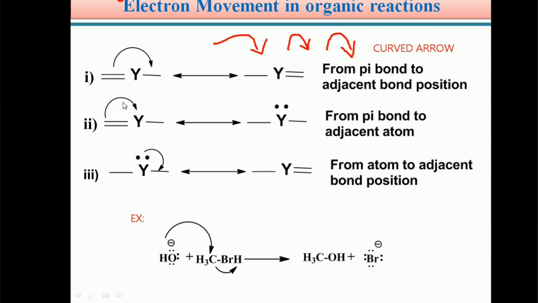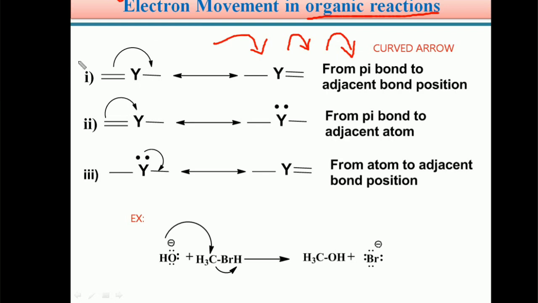For example, students, from a pi bond, a pair of electrons moves to an adjacent bond position. Here it is shown with a curved arrow or curly arrow. Generally, in organic reactions, the electron movement takes place in three different cases.